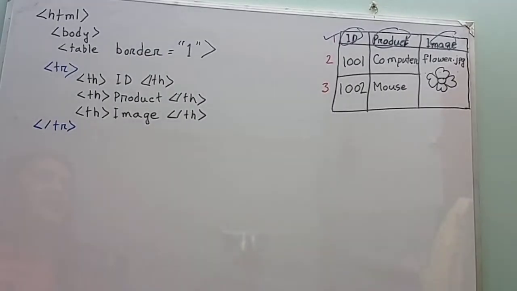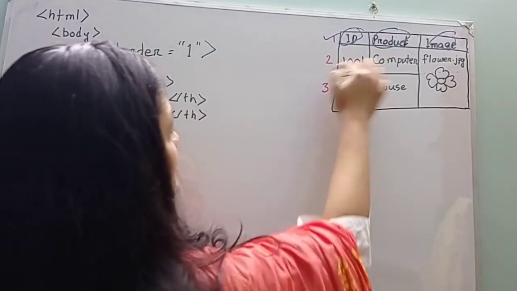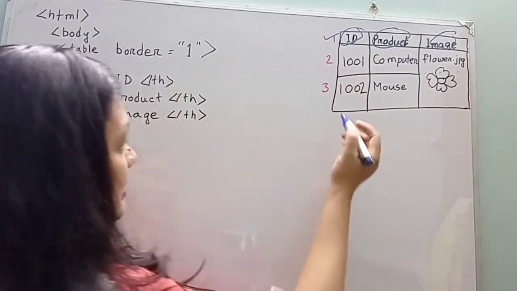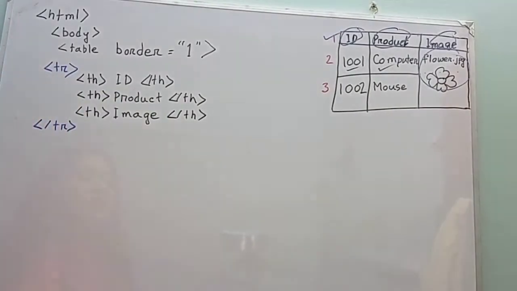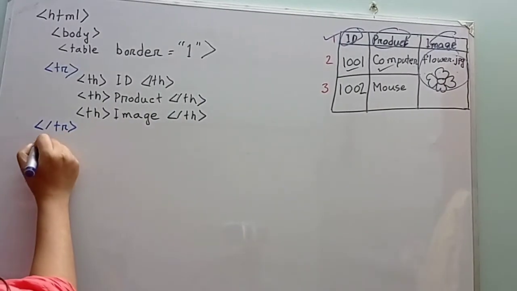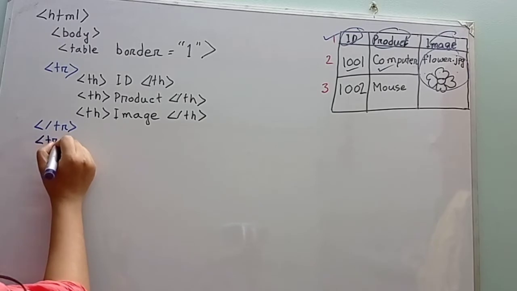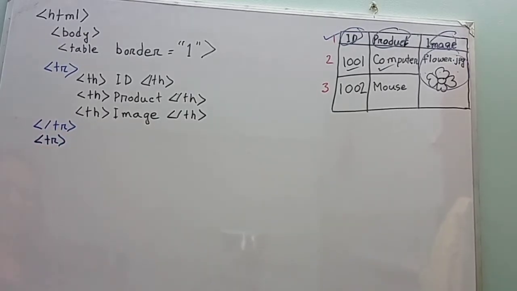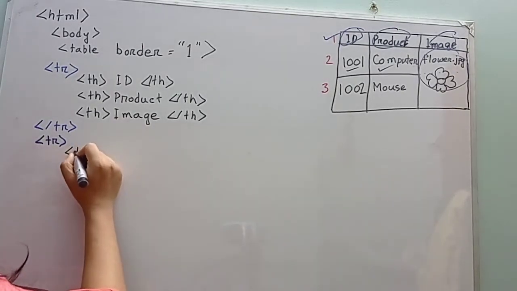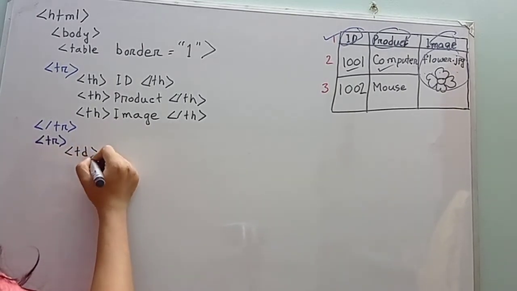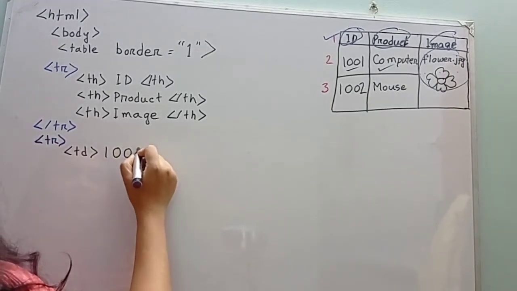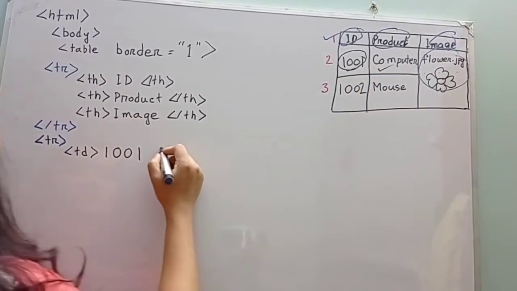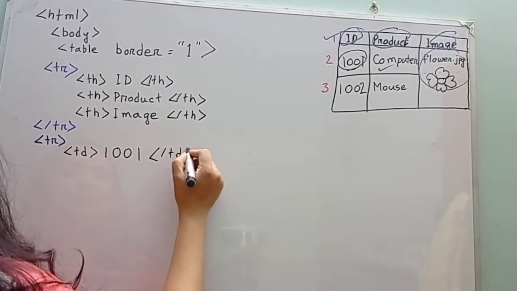In the second row, we can see that there are 3 data: 1, 2, and this, total 3. Okay, so let's start. Next, tr. So for the first data, we have to write td, and then 1001, that means this one, then td close.